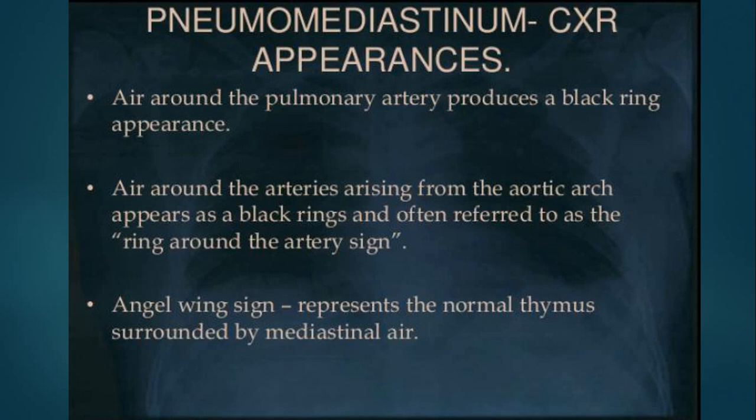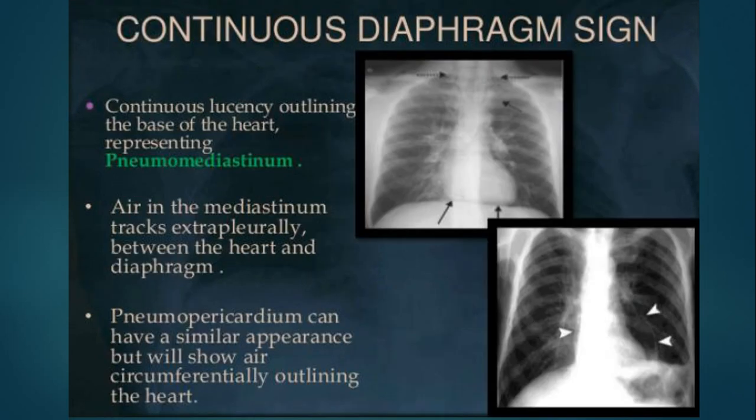In the pediatric age group, in younger patients, there will be what's called the angel wing sign, which is the normal thymus surrounded by mediastinal air. So the thymus will be more obvious than usual due to the surrounding air.